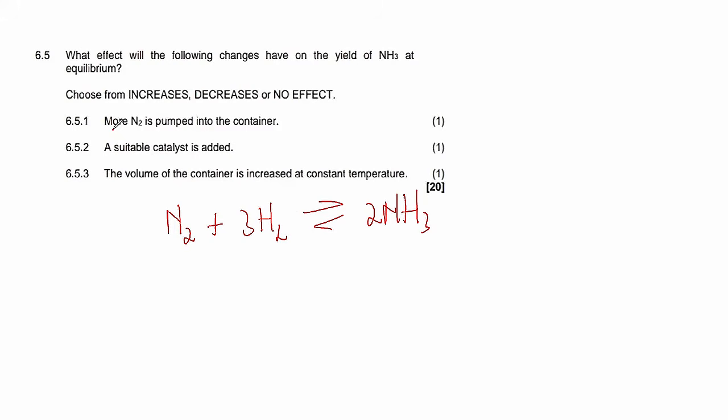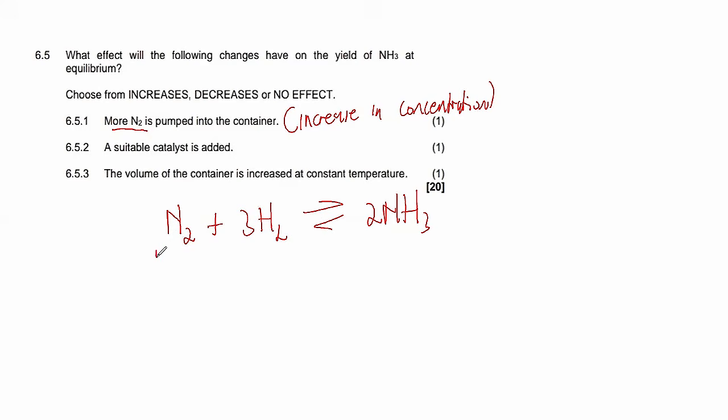If they're adding more N2. They're saying more N2 is pumped into the container. So that means this is an increase in concentration. Remember, if they're adding more of that substance or more particles of that substance, that means they're increasing the concentration. Now, remember, what do we know from our chemical equilibrium?